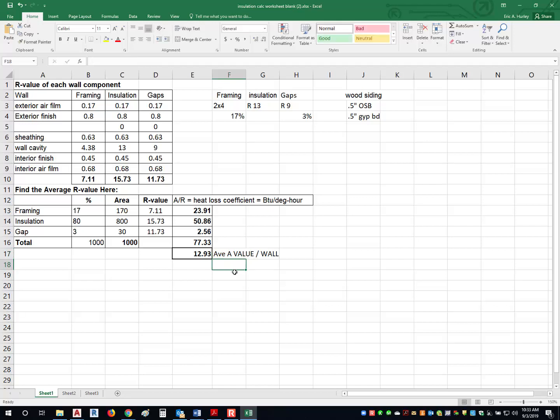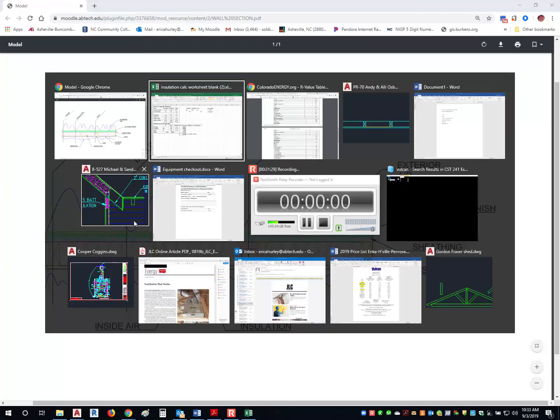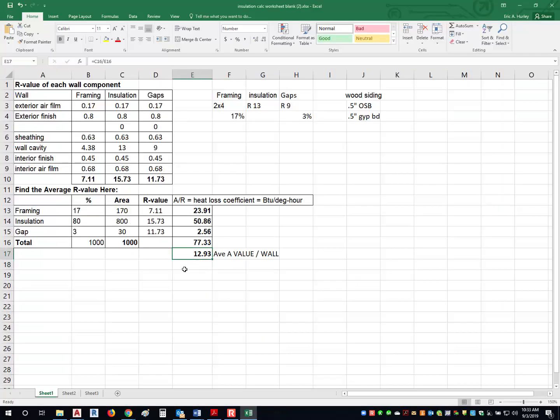So what that's saying is that as a whole, this whole wall can be figured at a 12.93, which really falls well below the state code if we look at it.